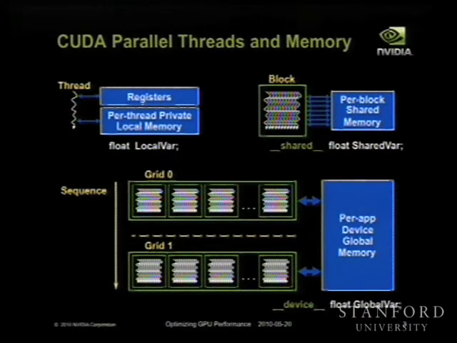An individual thread has its own private local variables, and those typically reside in registers, but when there are not enough registers, there's a memory that we call the per-thread local or private memory. This is implemented in DRAM on the GPUs you're using in your assignments, but in the Fermi architecture it gets supported by a cache hierarchy, which we'll talk about.